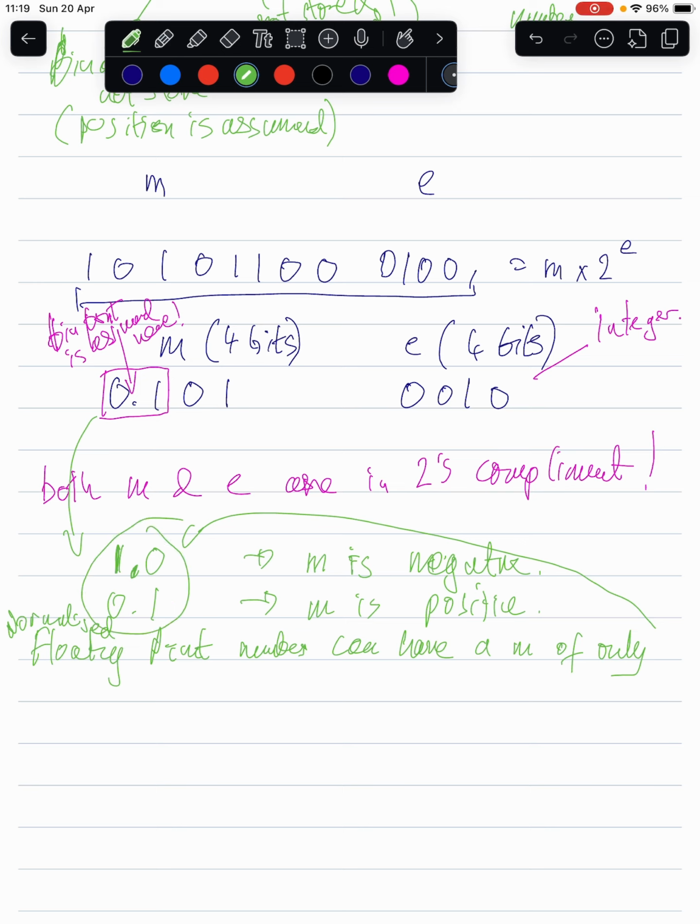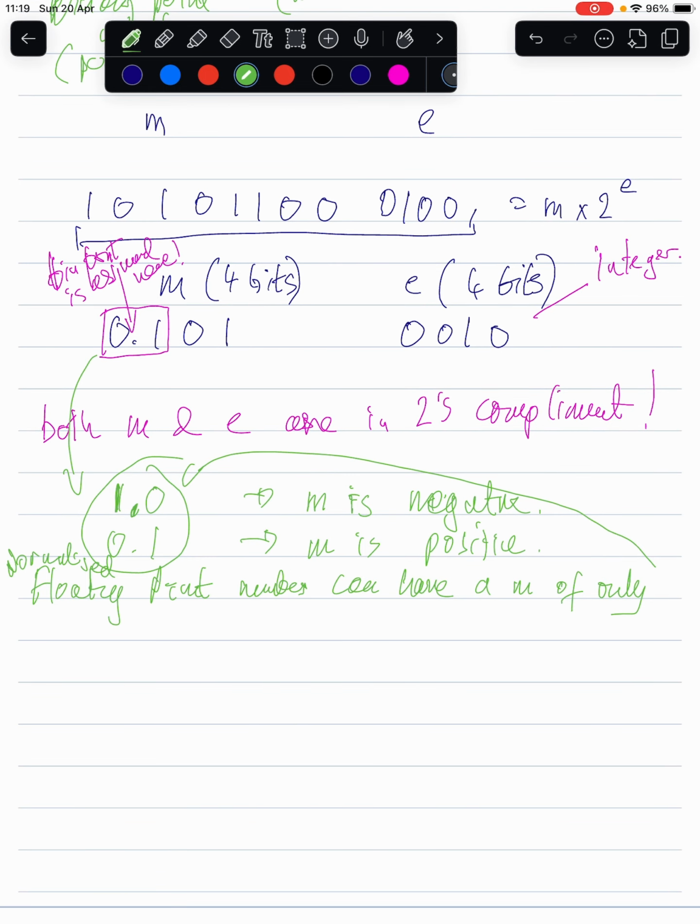Okay? All right. Now, I want to show you a way that I remember this. So, negative M starts with 1.0, positive M starts with 0.1.